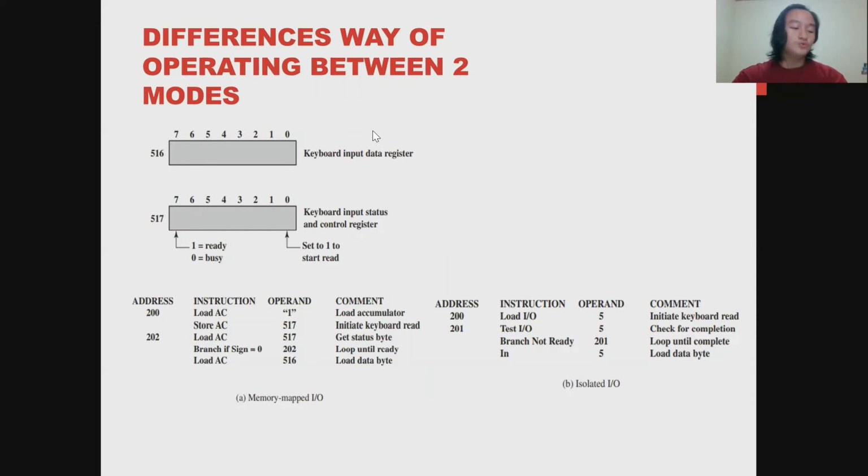The program shown will read 1 byte of data from the keyboard into an accumulator register in the processor. Note that the processor loops until the data byte is available. With isolated input-output in figure B, the input-output ports are accessible only by special input-output commands, which are activated by the input-output command lines on the bus.